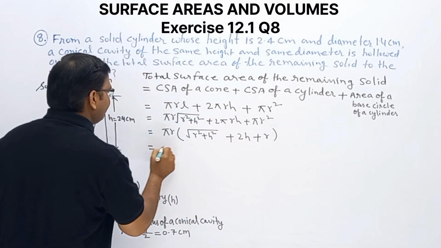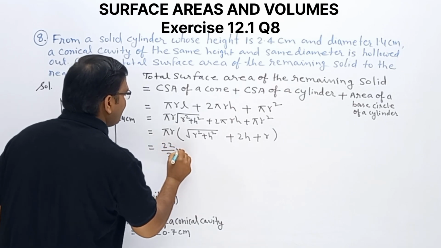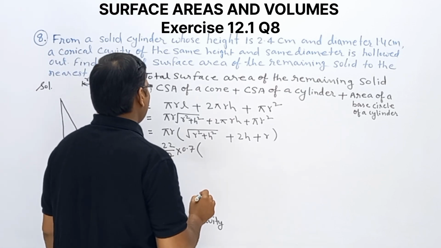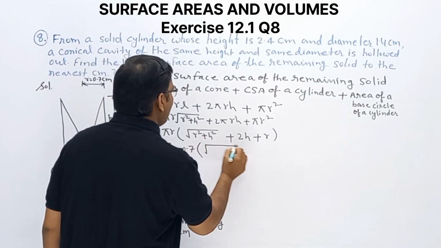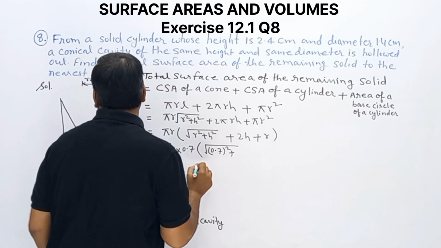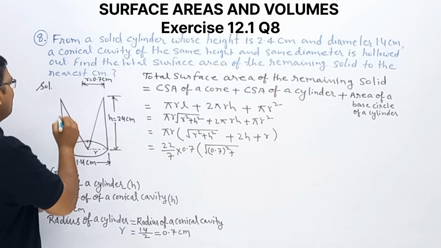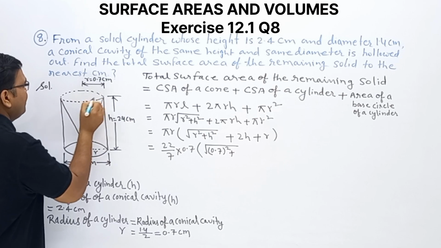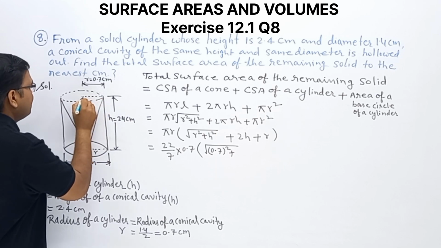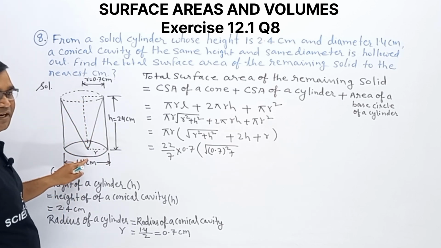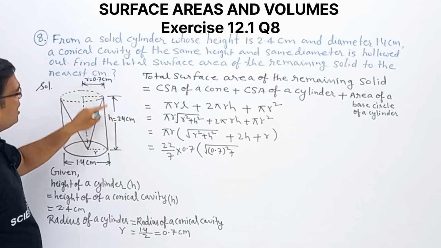Now put the values. Pi is 22/7, r is 0.7, into, next one, put the values. r is 0.7 square plus h, the height of the cone. We removed this cavity. I am drawing dotted, but its radius is the same as the radius of the cylinder. Clear? And its height is the same as the height of the cylinder.